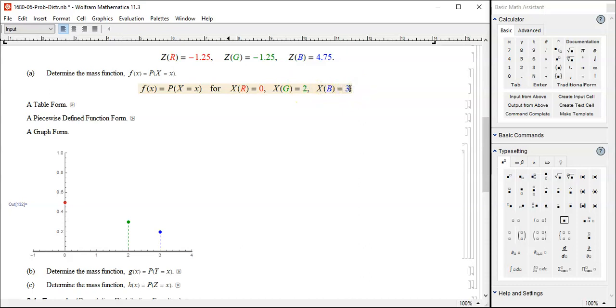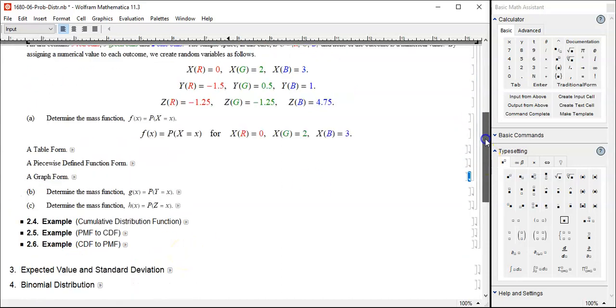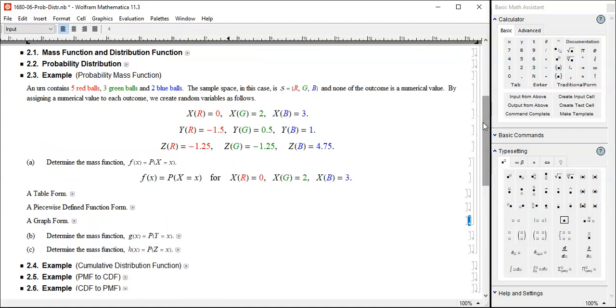Those go horizontal, and the probabilities go vertical. The probability for red is 5/10, for green is 3/10, and for blue is 2/10. So we have those probabilities vertically and x values, the payoffs, horizontally. That's the graph of a mass function.